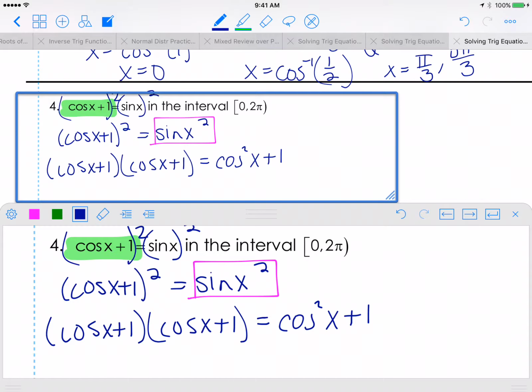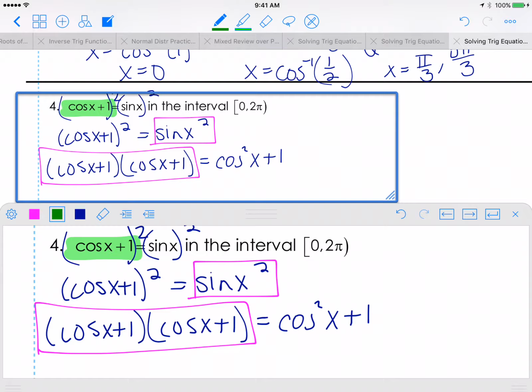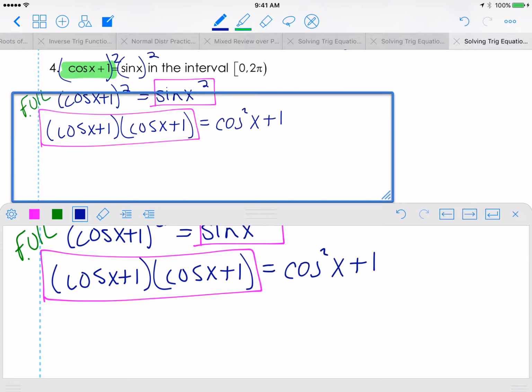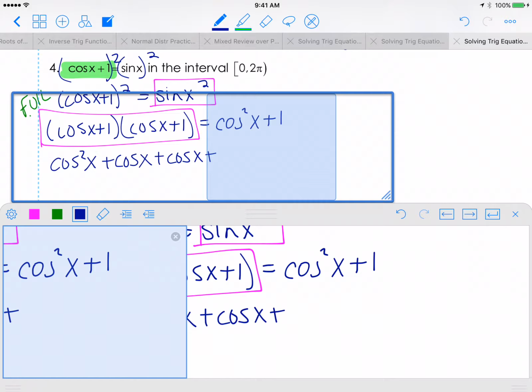So now I'm thinking to myself, well, this needs to be factored, or foiled. Really, foiling, that's what we need to do. Let's foil this. So if we do that, we get cosine squared x plus cosine x plus cosine x plus 1.